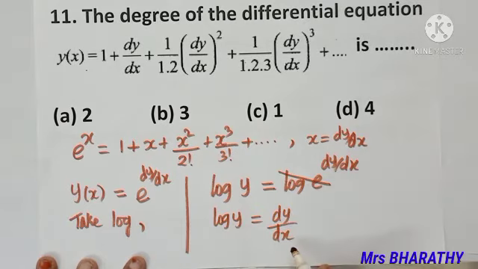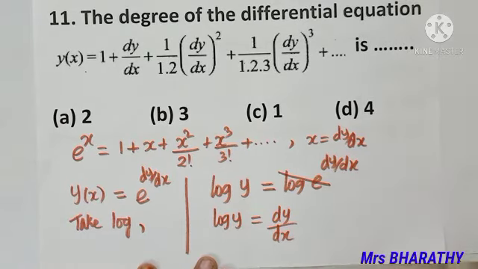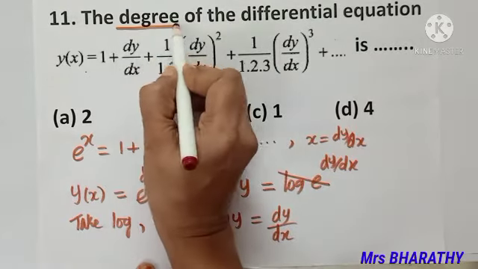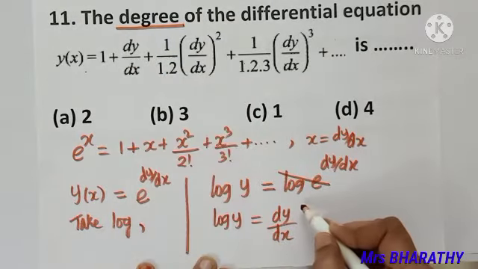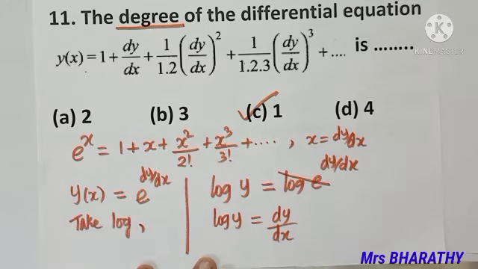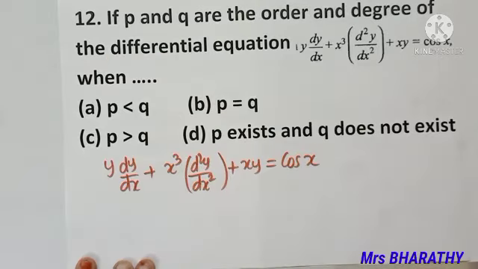It has reduced to a very simple expression. Now, what is the order? dy by dx tells me the order is 1. My question is to find the degree alone. The whole power, nothing tells me, is 1. So the degree is 1. Option C is the right choice.